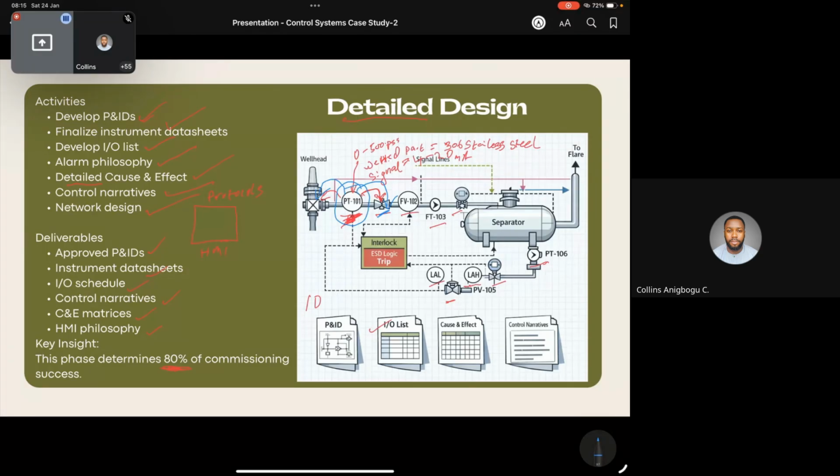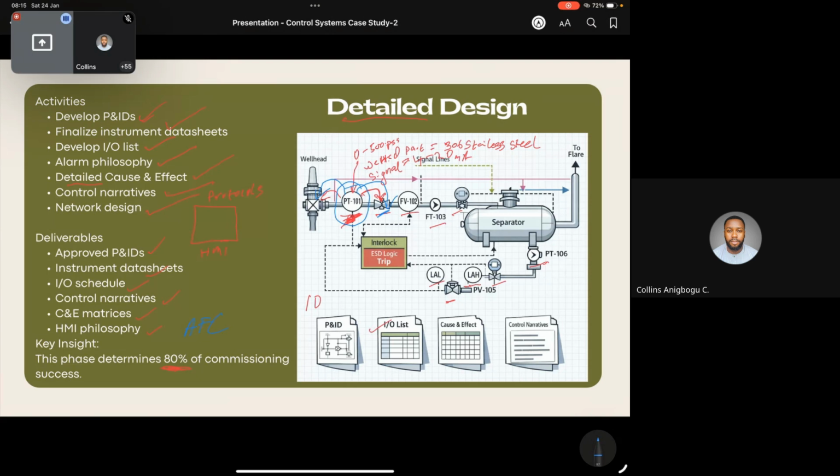And it goes through multiple iterations, multiple checks, multiple back and forth between you and the owners of the assets before you now arrive at, okay, so there should be another document here called AFC, and approved.